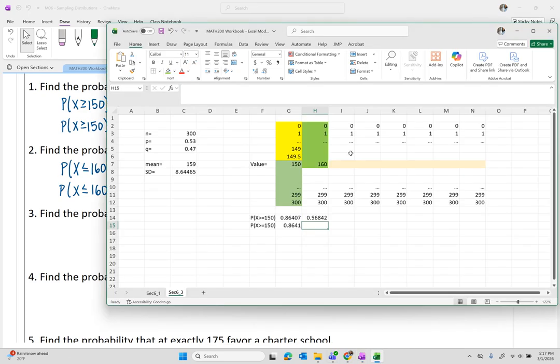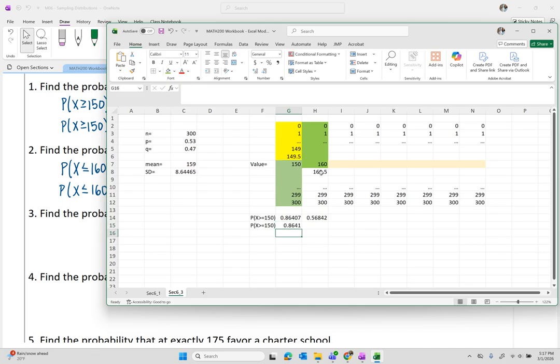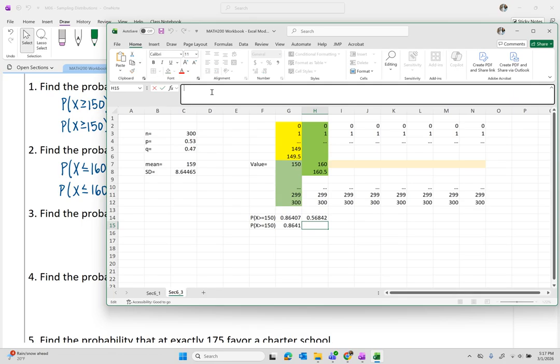So here in my Excel, I'm going to find this number. So equal to this plus 0.5. And then I'm going to do the normal distribution. I don't need to subtract it from 1 because the normal CDF calculates these areas from that point and down. And I just need to make sure that I have the correct data point. And the correct data point is this 160.5.